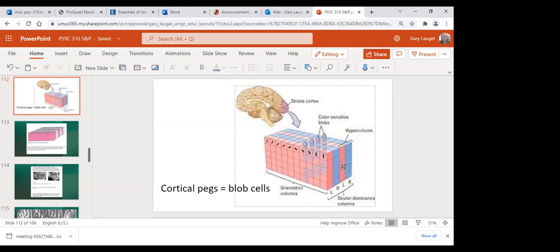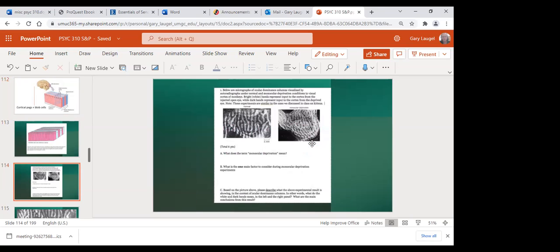But notice that in Hubel and Wiesel's work, where they actually sutured one of the eyes shut, these banding patterns up here on the surface can be greatly expanded if that eye is open, as opposed to the other eye that was sutured shut. So that's one of the important findings that scientists have encountered in vision research, the ocular dominance column idea.